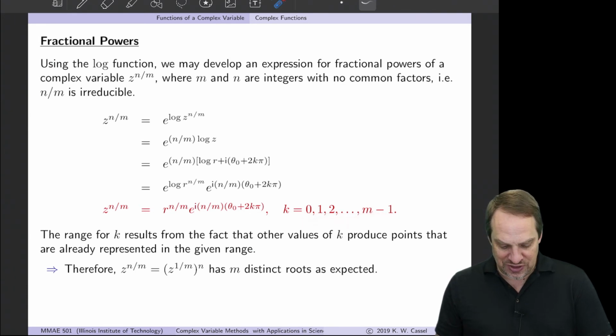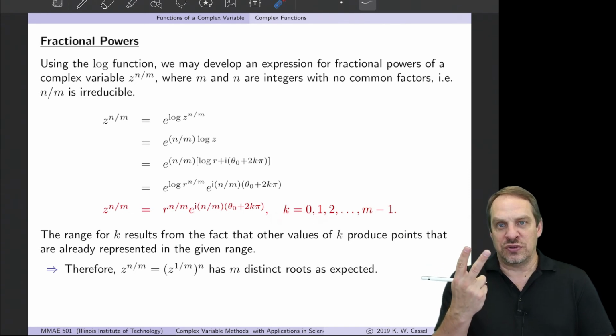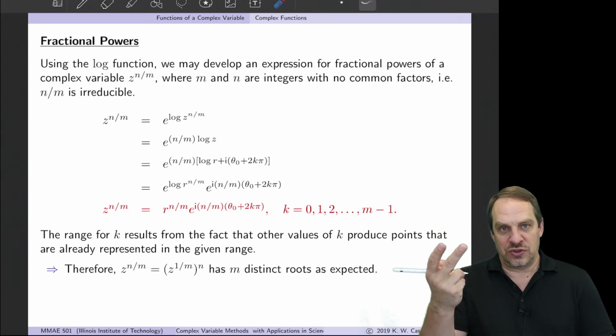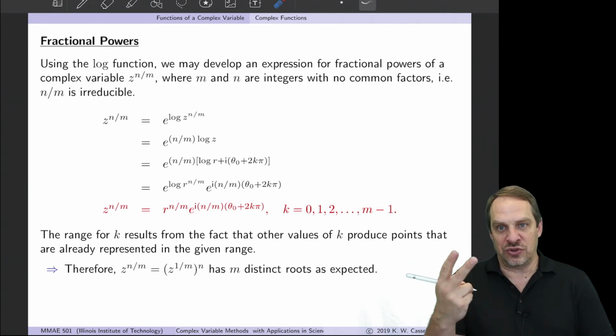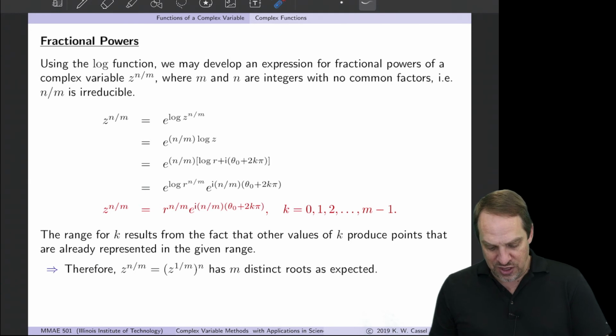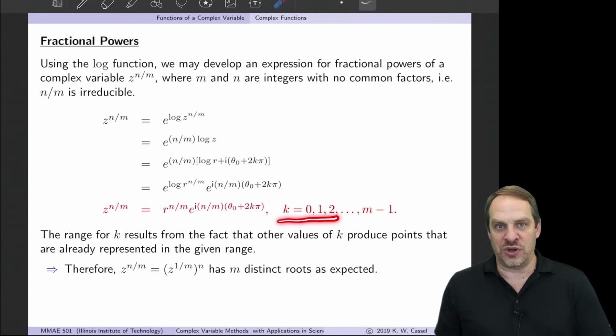So what this means is if m, for example, were 2, then k would be 0 and 1, m minus 1, and there's 2 roots. There's 2 values. That's the square root. So something to the 1/2 is the square root. There's 2 values. If it's the cube root, then there's 3 values because m would be 3, and that would be k is equal to 0, 1, and 2.